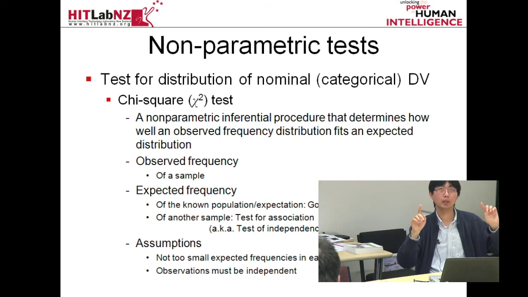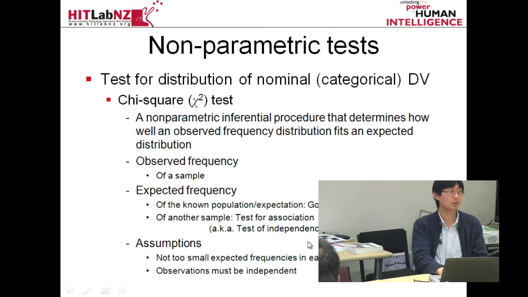So for example, if you had 3 interfaces and 2 groups of novice and experts, and you wanted to compare if the interface preferred by novice is different from the interface preferred by experts, then you can use the second test, which is comparing the frequency distribution of the 2 groups, which is novice and expert.